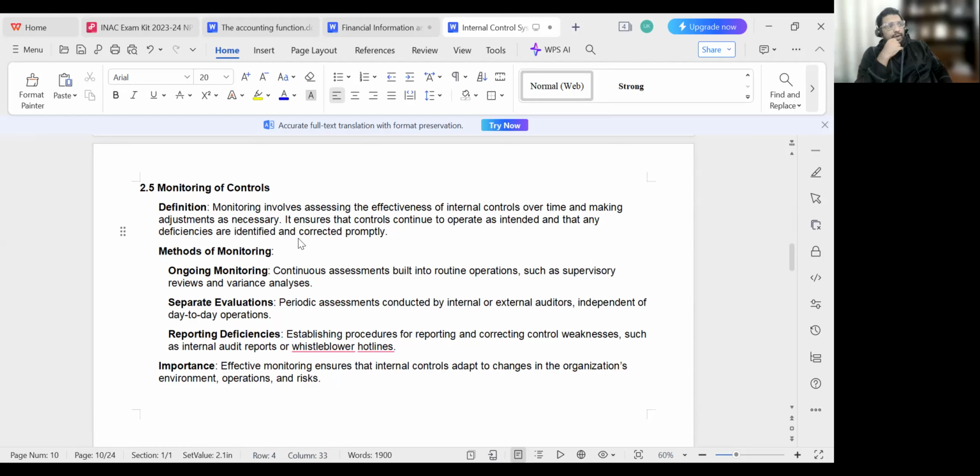Let's say you have the information system, which is providing information throughout the organization. It is responsible for letting you know if there is any anomaly or any suspicious transaction, right? So your information system would be providing the alarms, right? Then you just have to keep on monitoring whether the system is working or not. Okay, so this is monitoring of controls, which we need to keep doing.